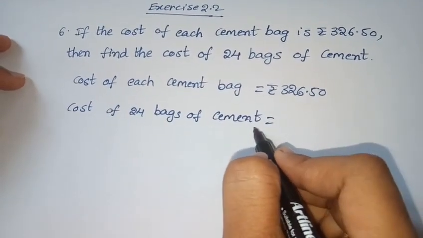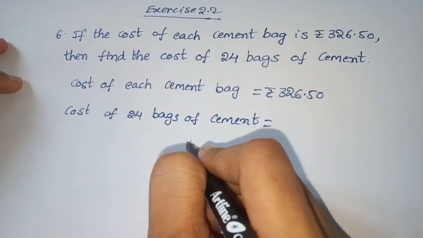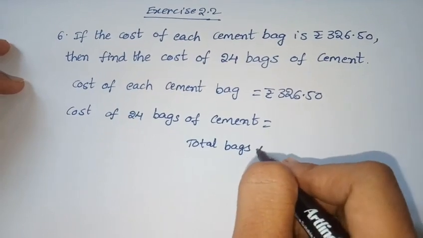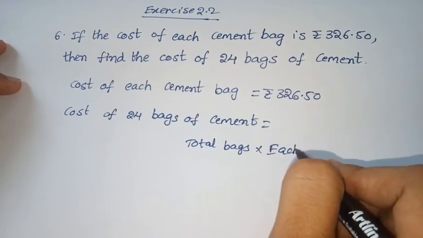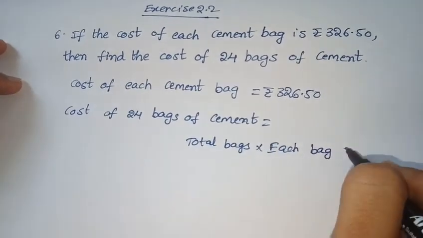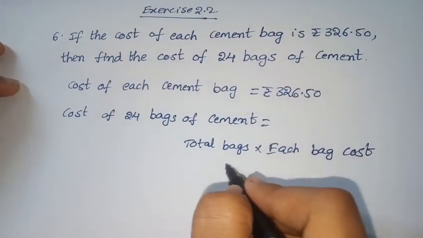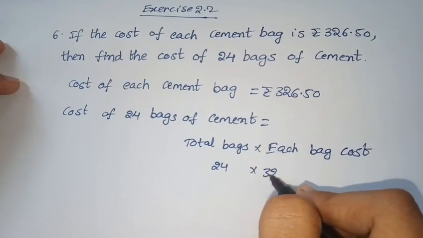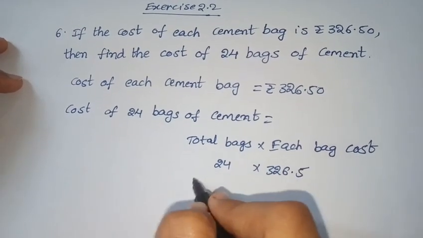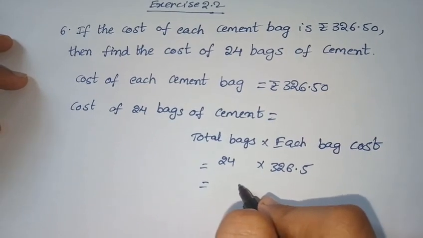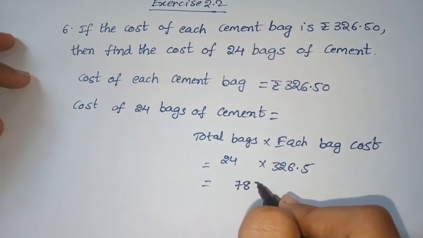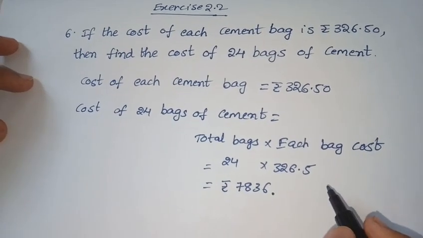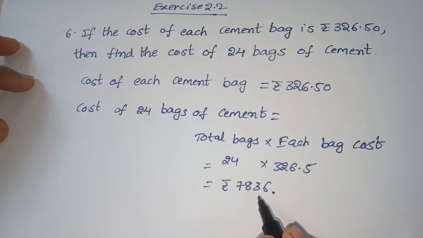So the cost of 24 bags of cement is equal to total bags into each bag cost. So total bags are 24 into each bag cost 326.5. Multiply, you will get 7,836 rupees. So the cost of 24 bags of cement is 7,836 rupees.